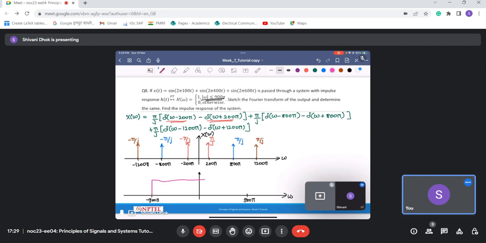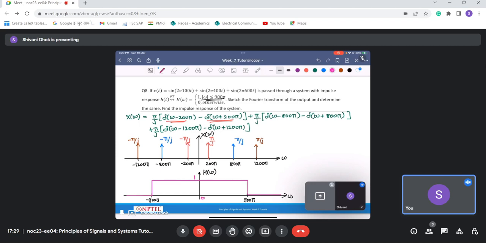It's something like this. This is H(ω), this is ω, it takes a value 0 here, 0 here, and 1 in between. So this is the frequency response that we have right now.